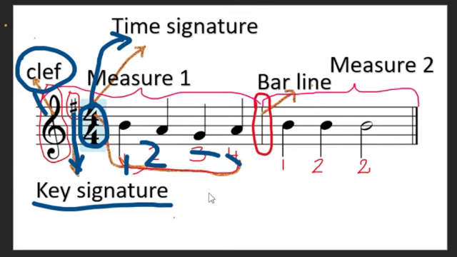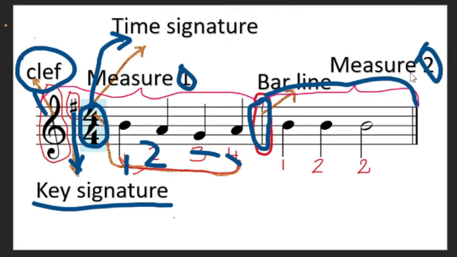Then this vertical line is called the bar line. Between one bar line and the next are the measures. We have measure 1 and measure 2. This will indicate how many beats there are in your song.